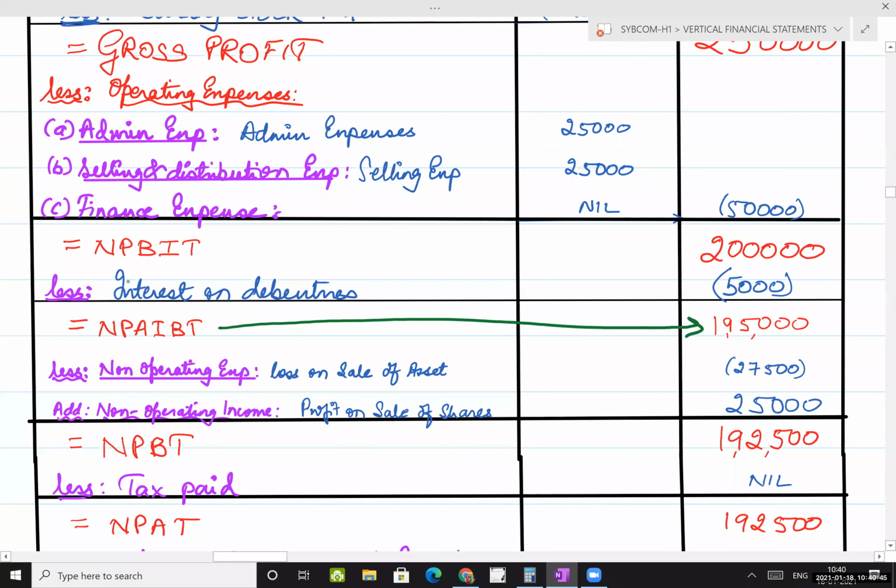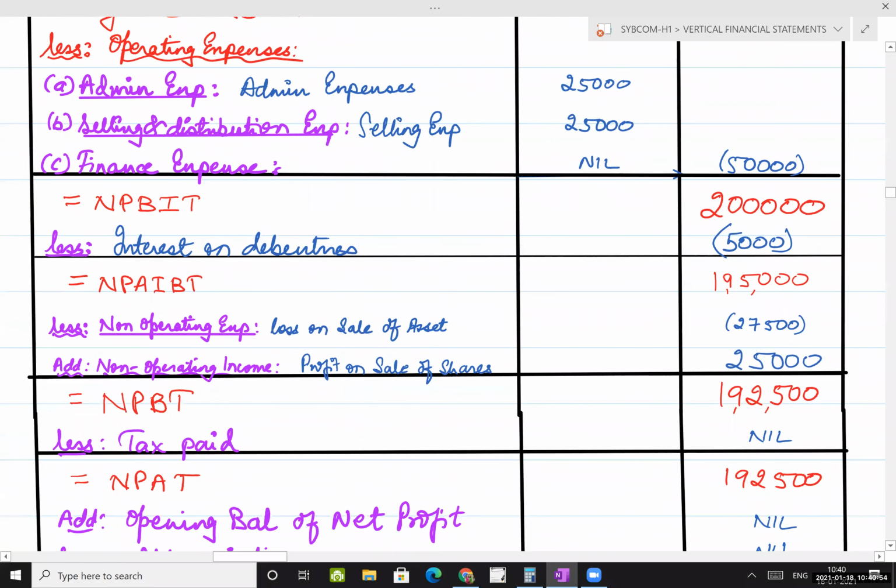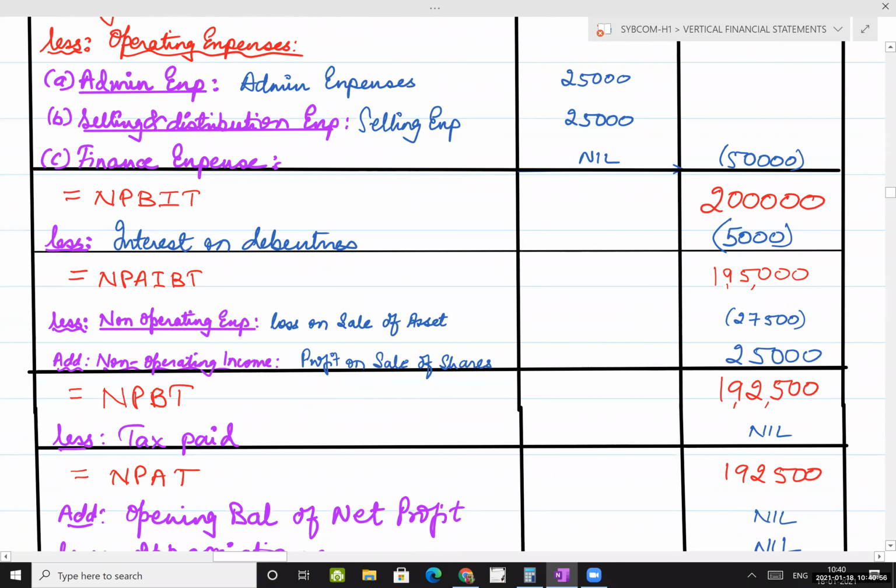Okay. Net profit after interest and before taxes. You should know the full form of this. ठीक है. Okay, next. Less non-operating expense. Non-operating expense में what do you have? Loss on sale of asset, 27,500. And add non-operating income, profit on sale of shares, 25,000.